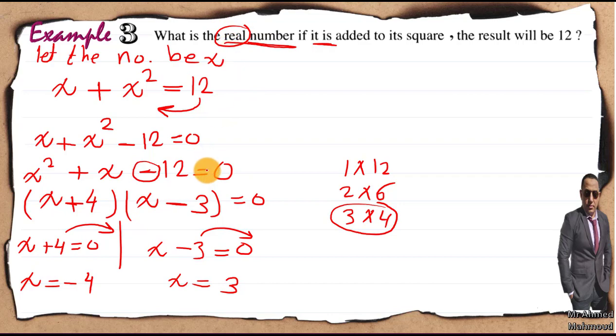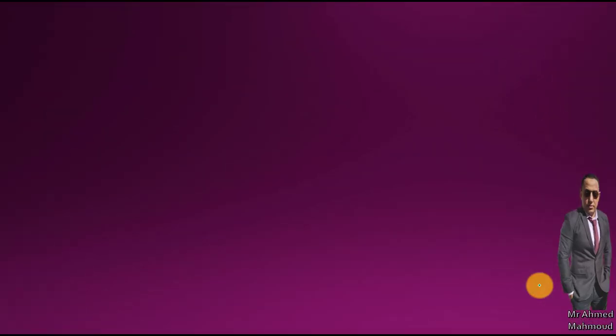The real is positive or negative, so the two numbers are accepted. So finally, therefore, the number is 3 or negative 4. Both are accepted. Okay.